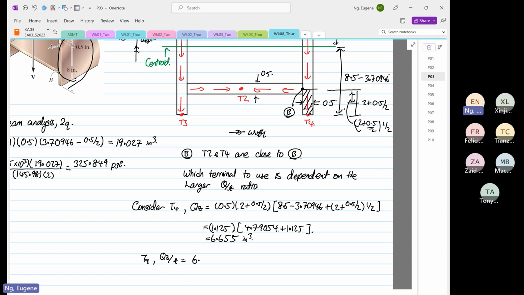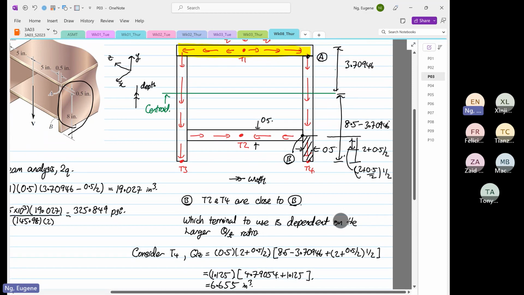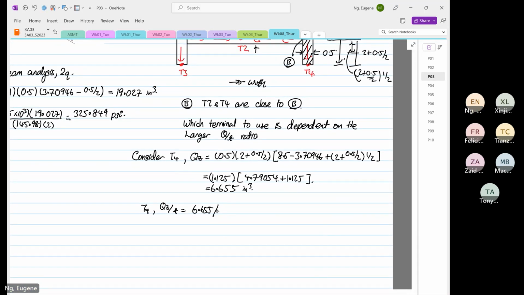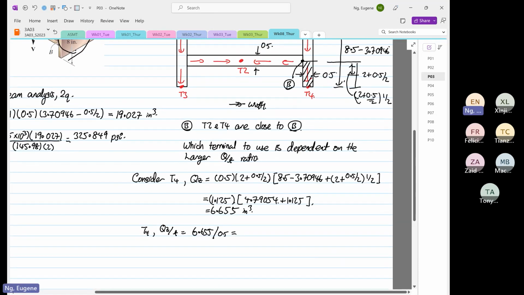So this is equal to 6.655 divided by the thickness. What is the thickness? The thickness is 0.5. So it is equal to 13.31. So that's for terminal number 4.